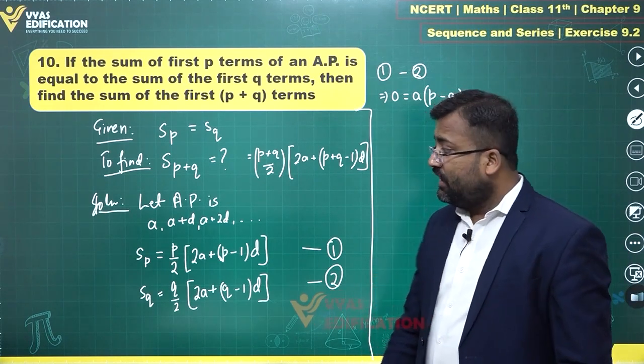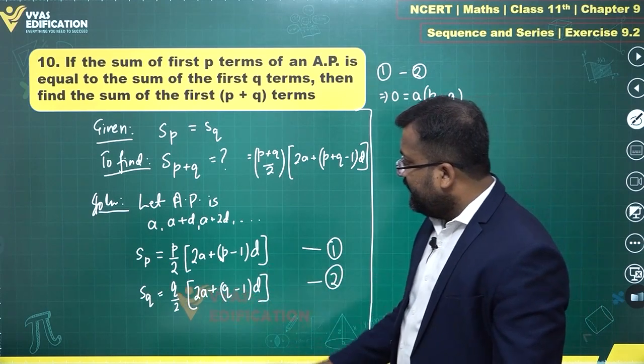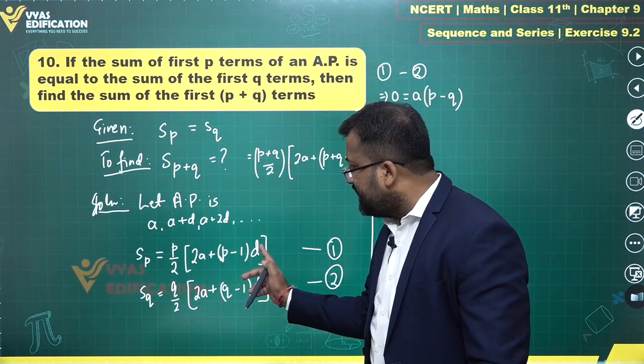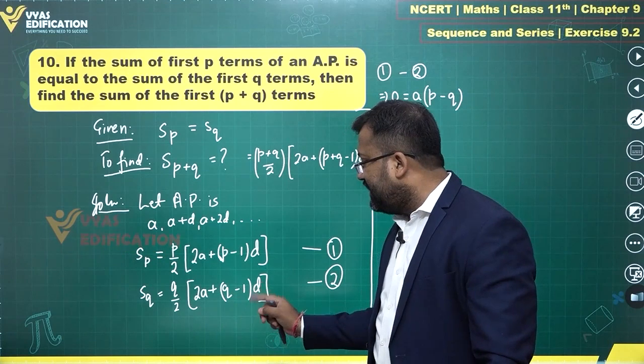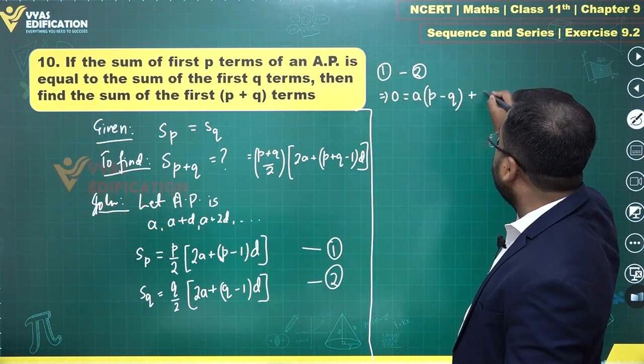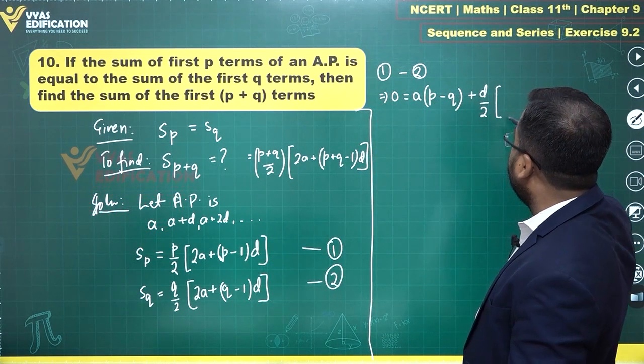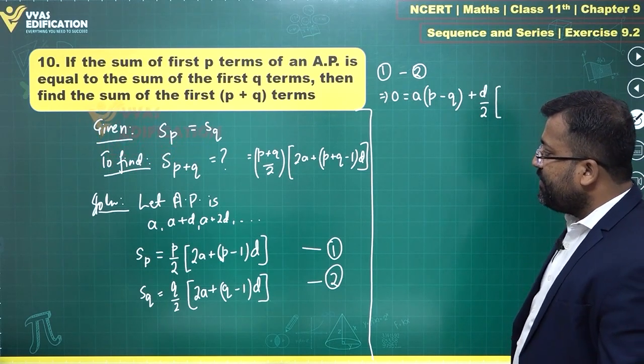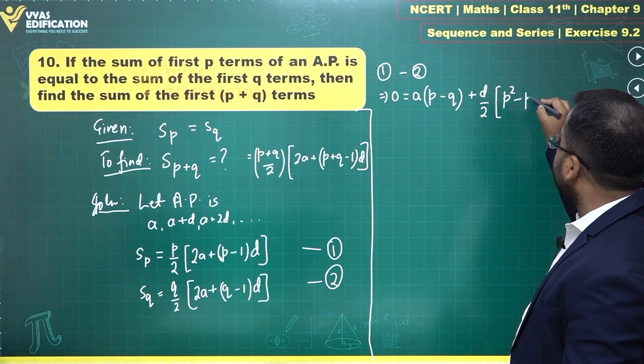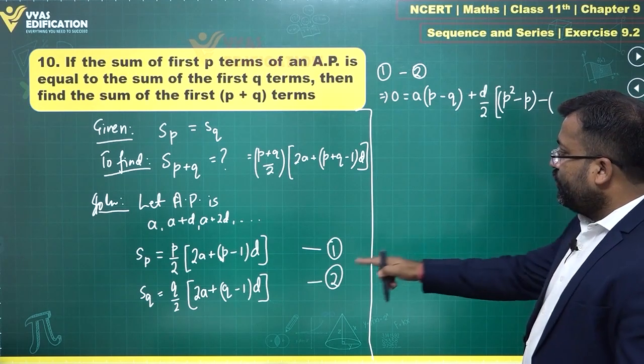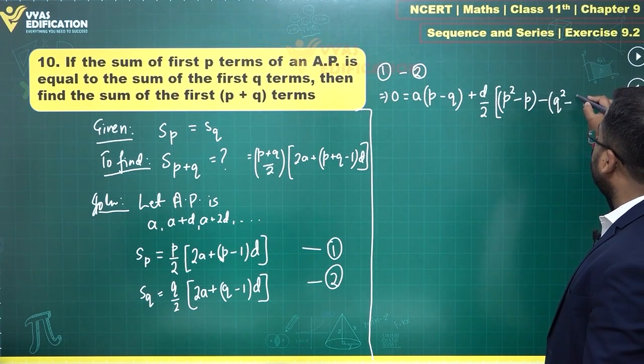What about for d? I have p by 2 times (p minus 1) times d, minus q by 2 times (q minus 1) times d. I can take out d by 2 common, and in the bracket what you'll get is p times (p minus 1), which is p square minus p, minus q times (q minus 1), which is q square minus q.